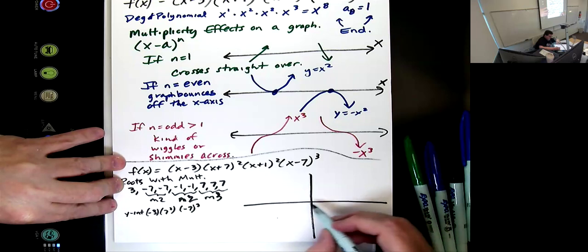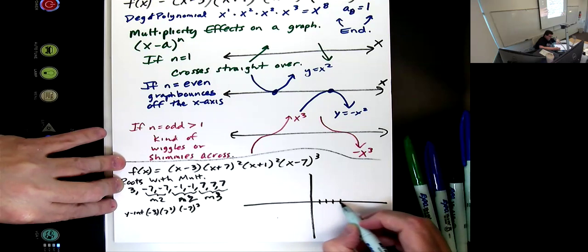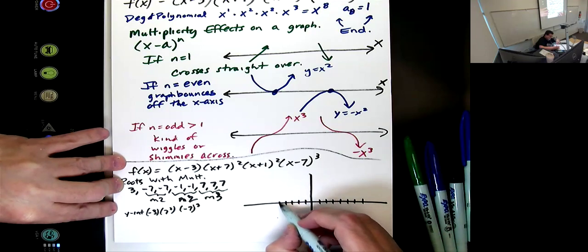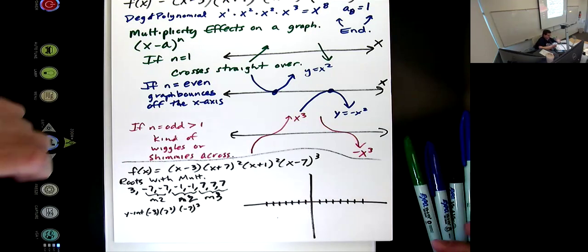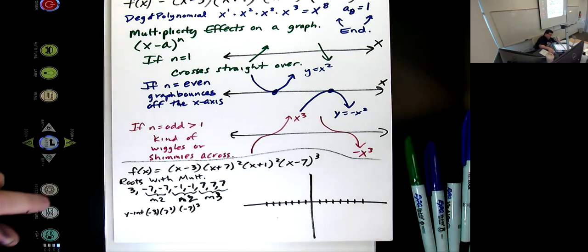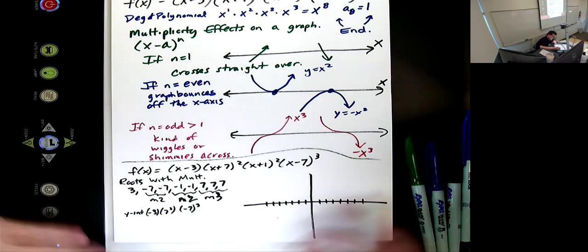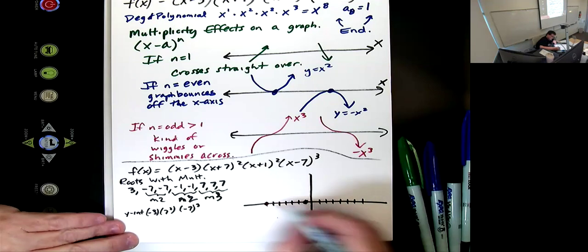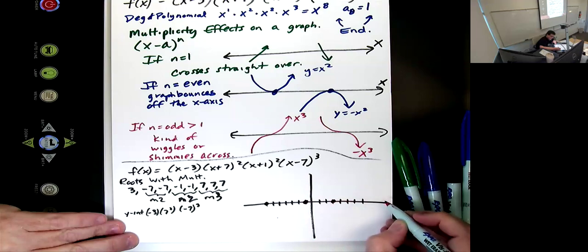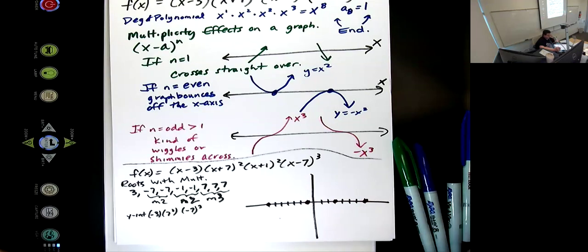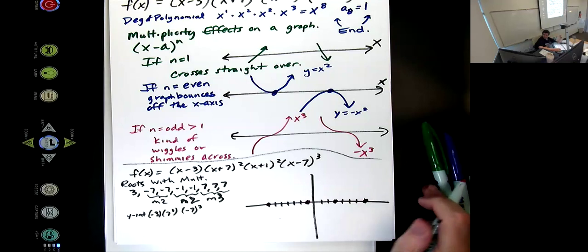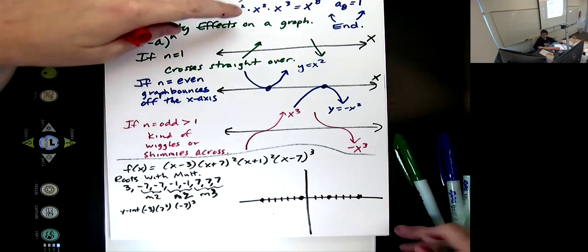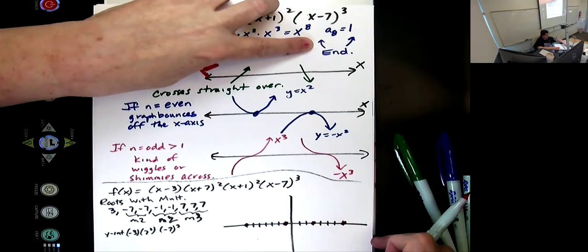So let's see, 1, 2, 3, 4, 5, 6, 7. I'm gonna plot my points there. I have -1 here, -7 there, 3 here, and 7 here. Agreed on that? End behavior tells me they both point up on the ends.